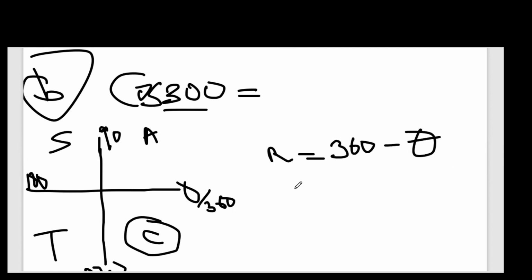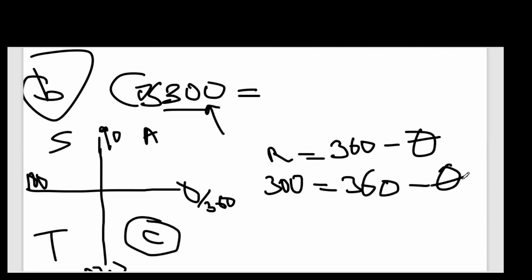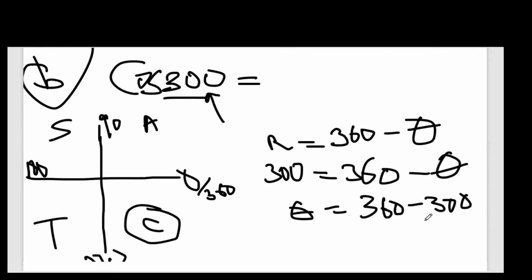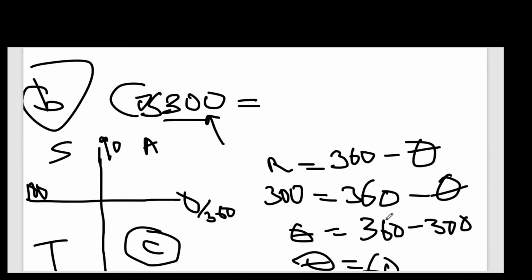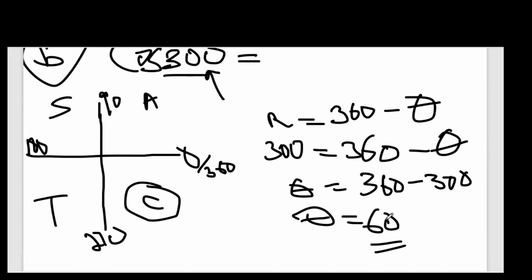So 300 is equal to 360 minus that theta. So that theta will just be 360 minus 300. It means the reference angle just equals 60 again. So what is cos 60? You have to know the special angle, guys.